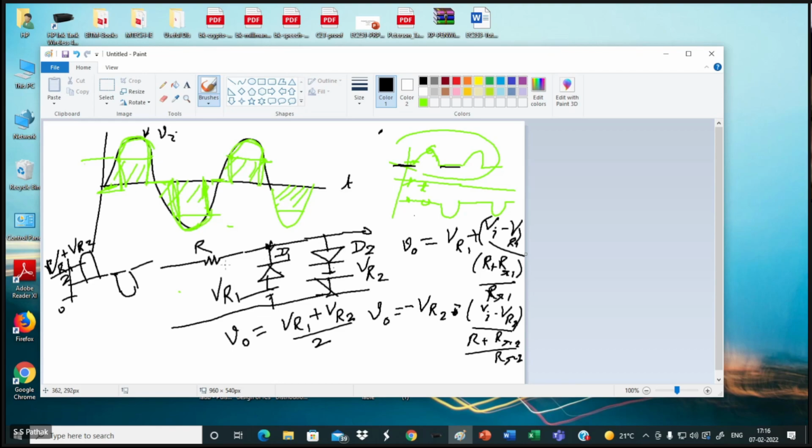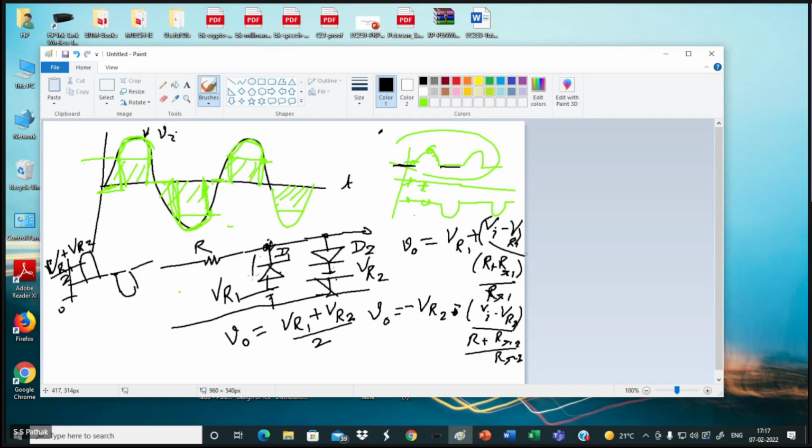So if it is forward bias, both of them are forward bias in that case. This one will be Vr1 plus V gamma coming here, and Vr2 plus V gamma with a negative direction is appearing at this point.